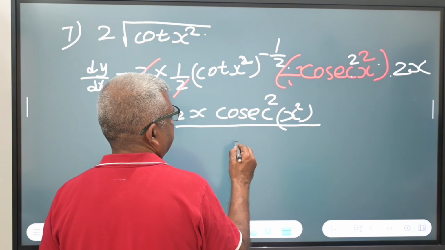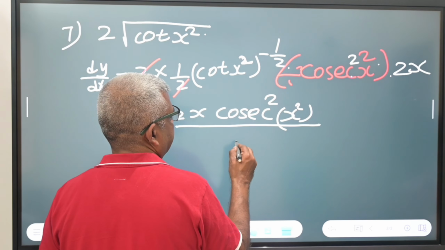Copied until now? Okay. Now this sine squared x squared I am writing, minus 2x divided by sine squared x squared. I am splitting sine squared x squared into sine x squared and sine x squared. One sine x squared I am keeping as it is.